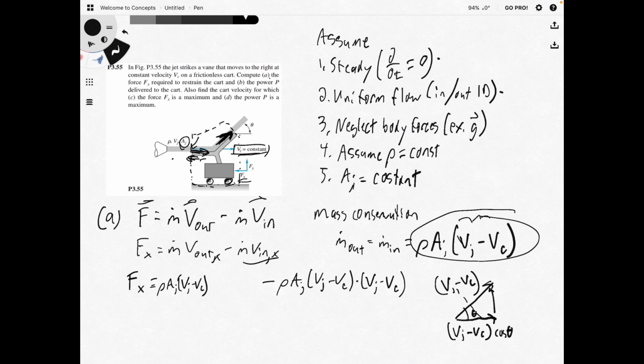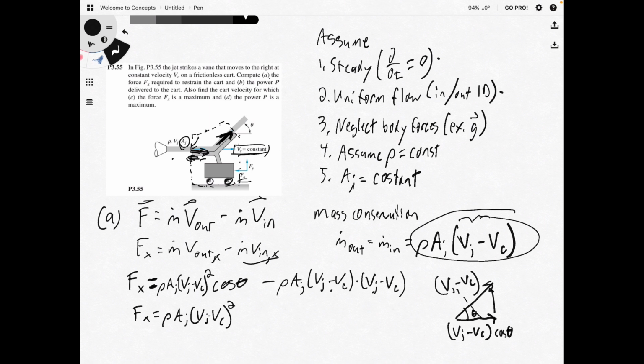So if you look here, we're going to have Vj minus Vc squared times cosine theta. And so now we can combine a bunch of these terms together and simplify this and get to our answer. And so we're going to have Fx is equal to rho times Aj times Vj minus Vc squared, right?